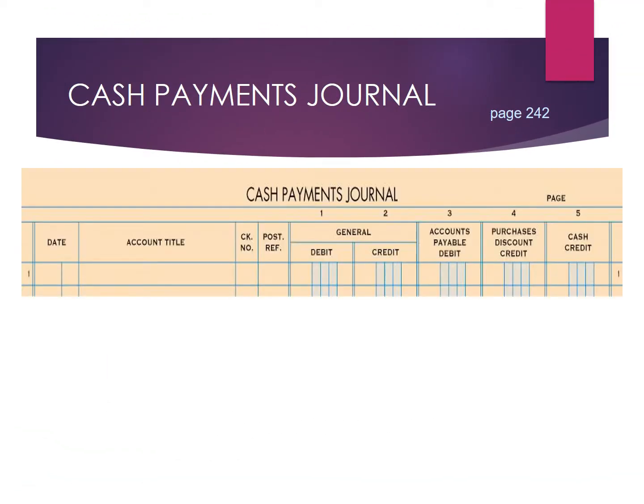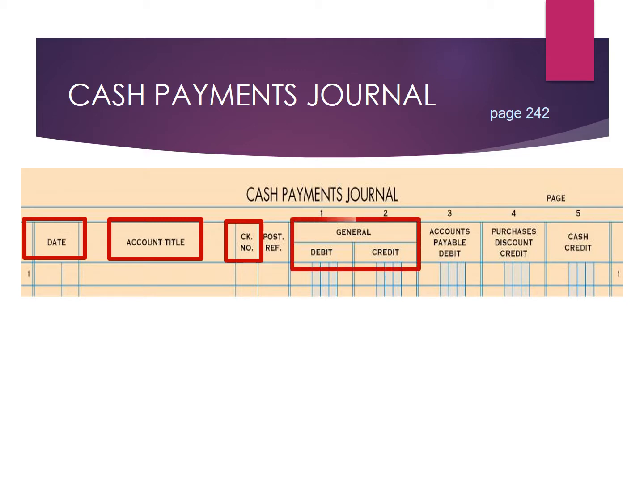Our cash payments journal. If we look at our column headings, we have a page number, we have the date, we have a column for account title, we have a column for check number, which tells you the objective evidence for the cash payments journal will be check.